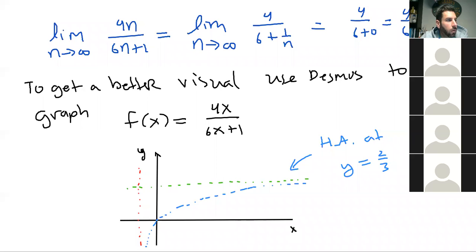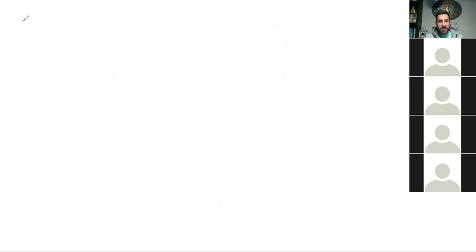Okay, so that's a sequence. So problem 5 is to help you illustrate the difference between a sequence and a series. So let's show you how to analyze these creatures.